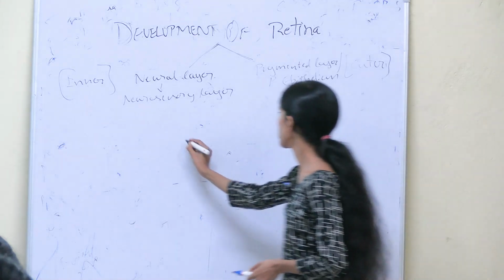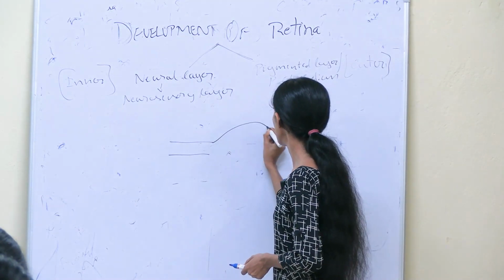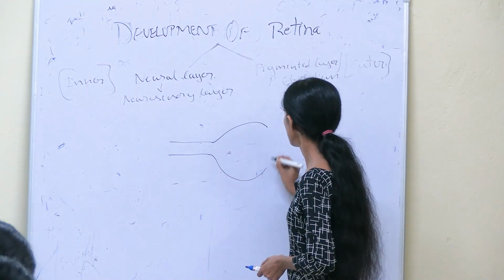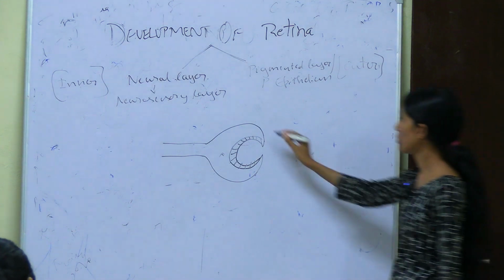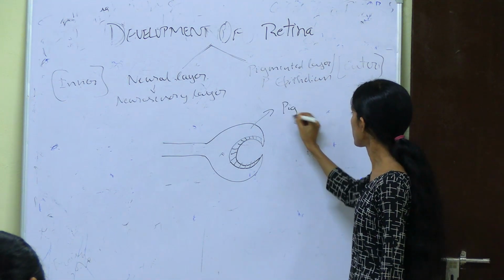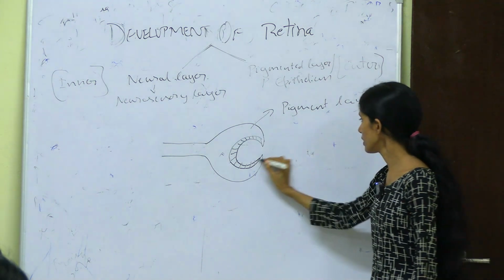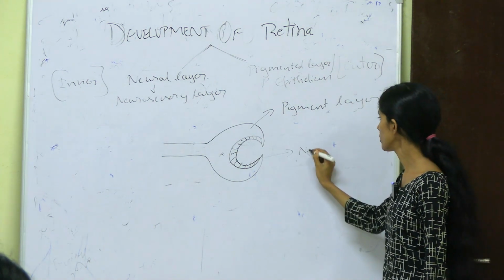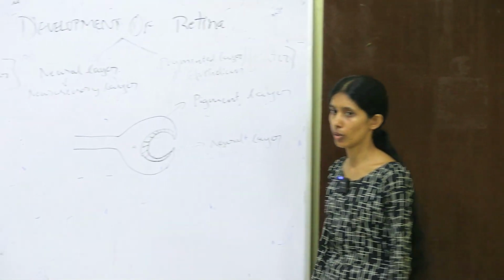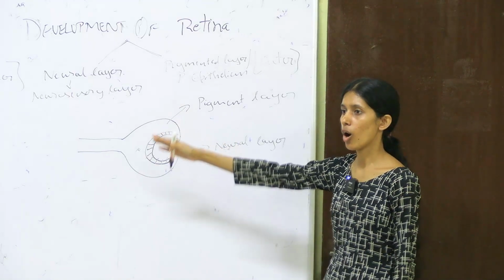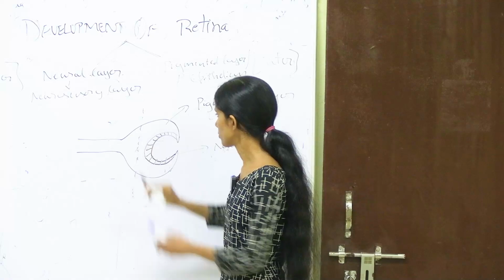Now imagine this is your optic stalk. So now this is the outer pigment layer of your developing retina and this is the inner neural layer. Your entire optic vesicle structure is divided into two parts like this.